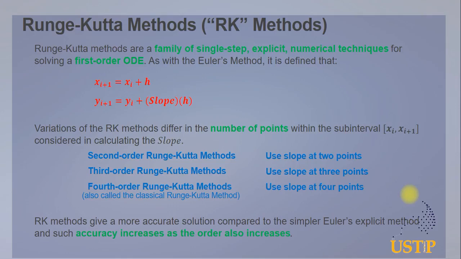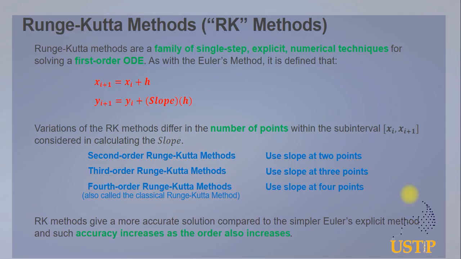For second order Runge-Kutta methods, we will be using the slope at 2 points. For third order Runge-Kutta methods, we will use the slope at 3 points.